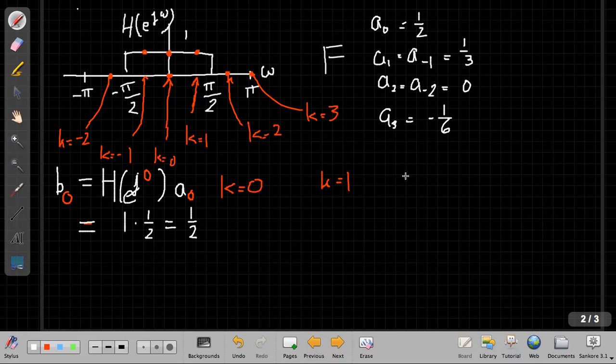So when I do that, find the Fourier series coefficients for the output. B sub 1 is equal to h of e to the j, and then I have omega naught times k. Well, now omega naught, and then k is 1 for this term.